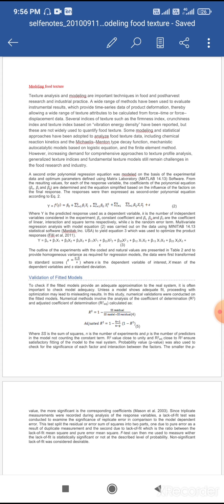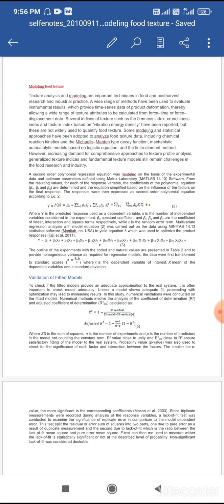However, increasing demand for comprehensive approaches to texture profile analysis, generalized texture indices and fundamental texture models still remain challenges in food research and industry.